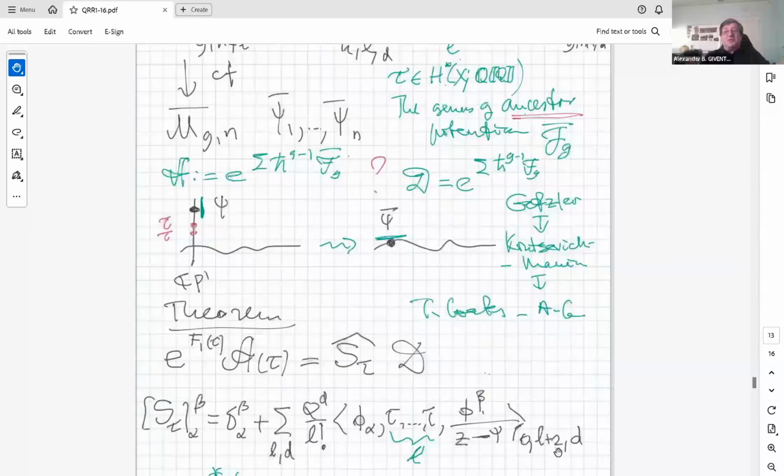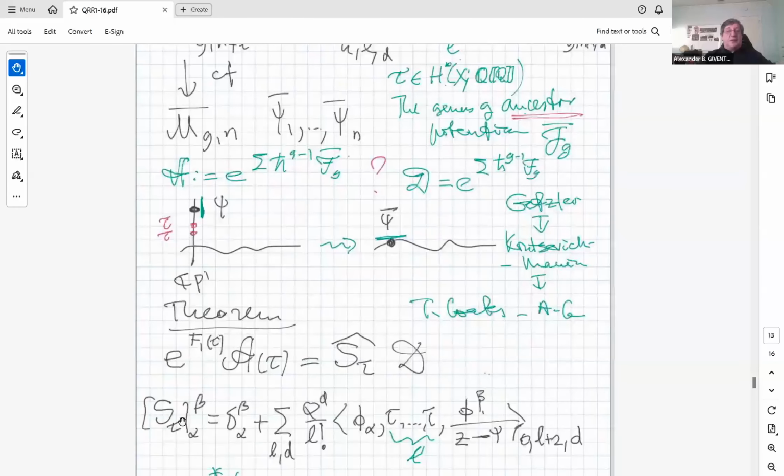So it is genus 0, L plus 2 marked points, and no descendant classes except for this one marked point. You can think of it as a series in 1 over z, because psi is nilpotent, you can expand it as a geometric series, and so it belongs to genus 0.